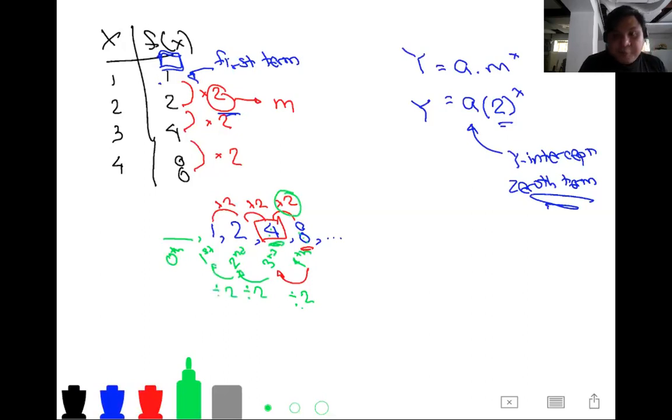And for the grand finale, for the answer that we're looking for, 1 divided by 2 is 1/2.